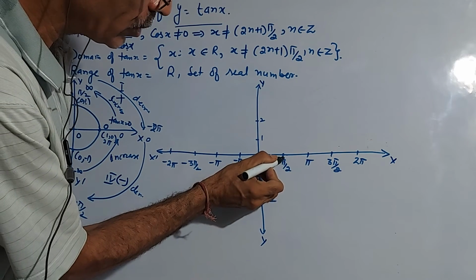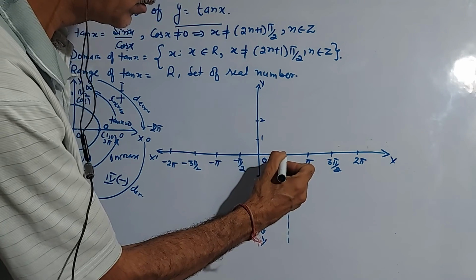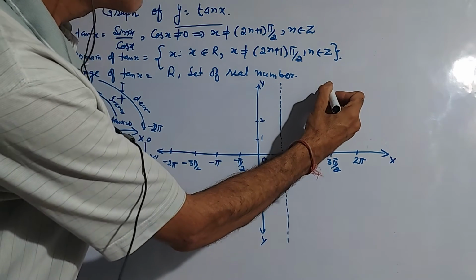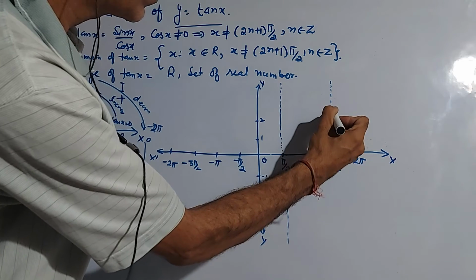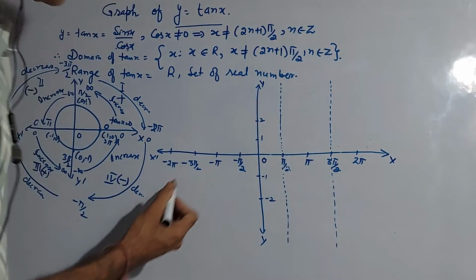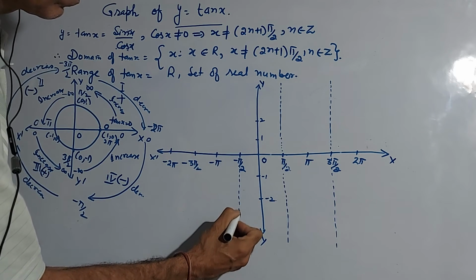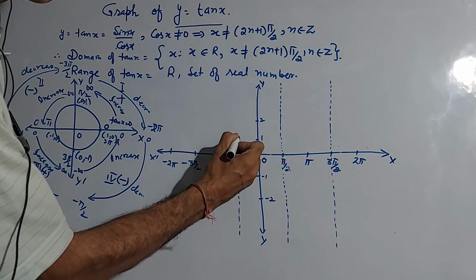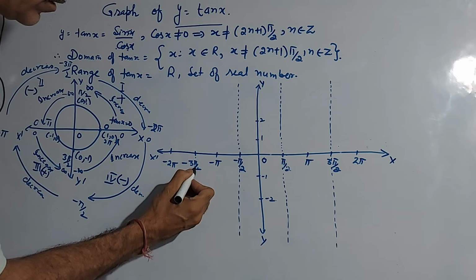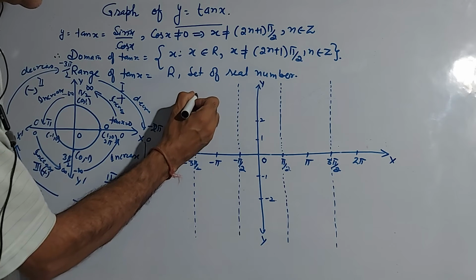So we will draw dotted lines here where tan x is not defined. These are the points where the graph will not touch.